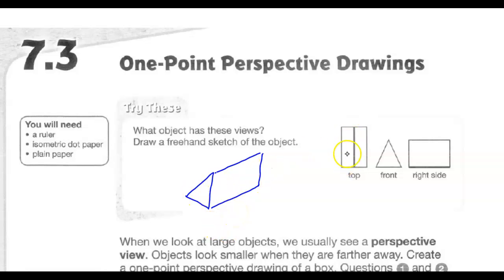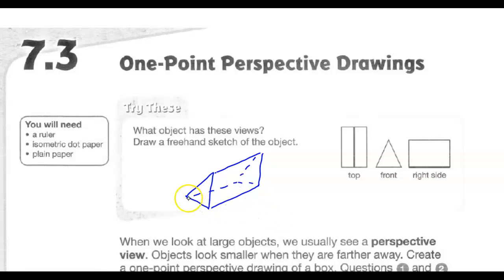And then there you can see that looking from the top, that's the closest, so it's a solid line, and then it's a rectangle. So really it kind of looks something like this.